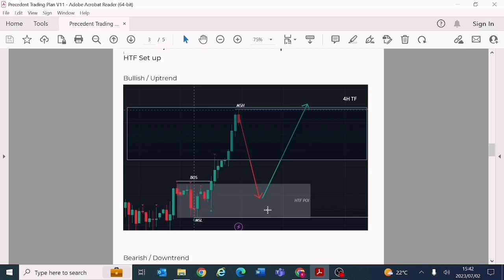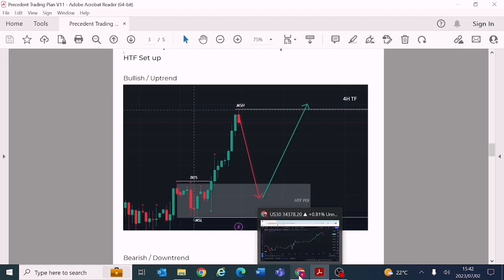This is confluence over confluence to say we are in discount pricing and in a demand zone. As soon as I know that we are in a demand zone in discount pricing, and I'm getting a medium time frame change of character and a lower time frame change of character, I have no choice other than to take this trade to the upside because everything is aligned.